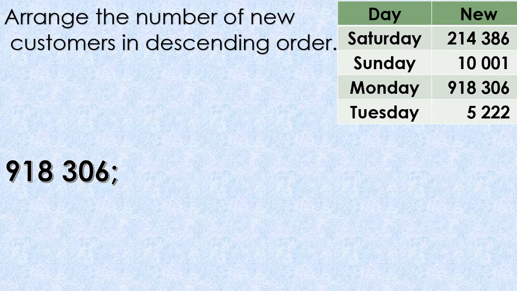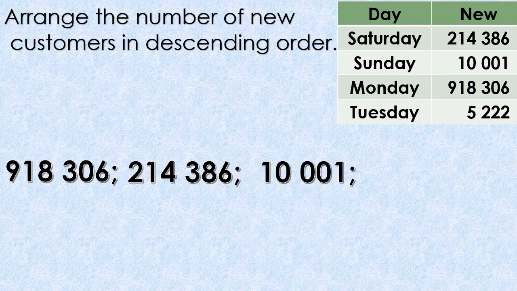Which number is the second largest? 214,386. Which number is the third largest? 10,001. And the smallest number is 5,222.